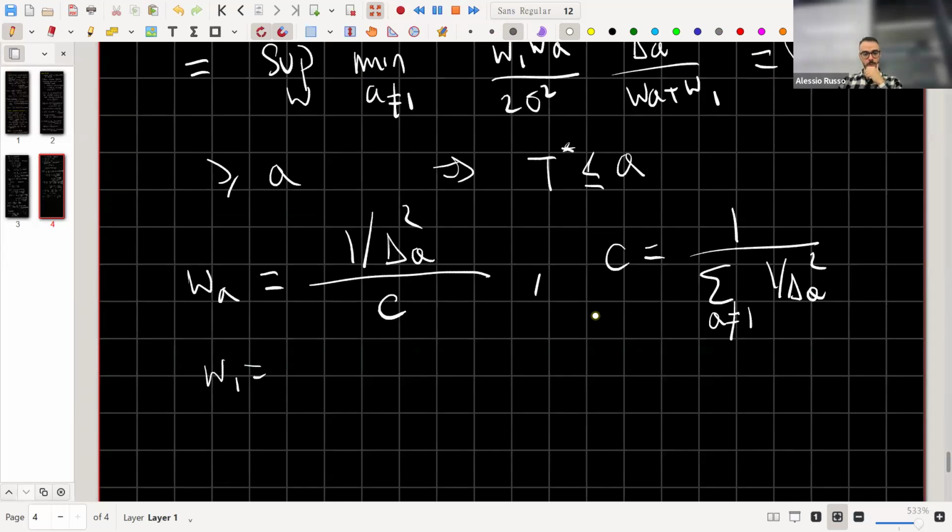And if you're wondering, W1 is just equal to 1 over delta 2 squared divided by C, because delta 1 is equal to 0, so we cannot use that. We use the value for the second arm.